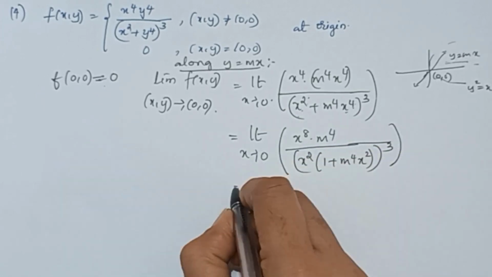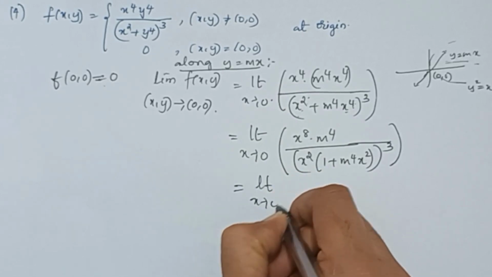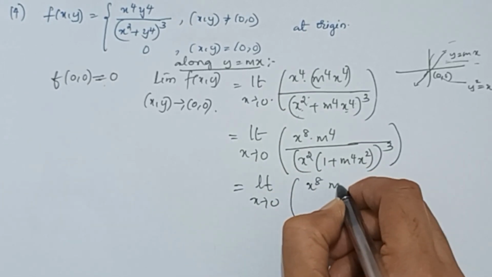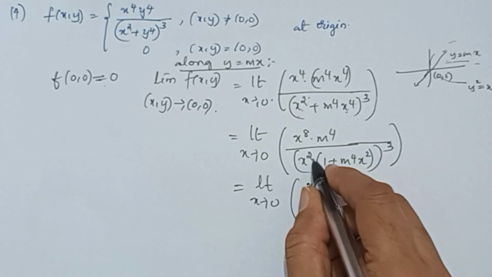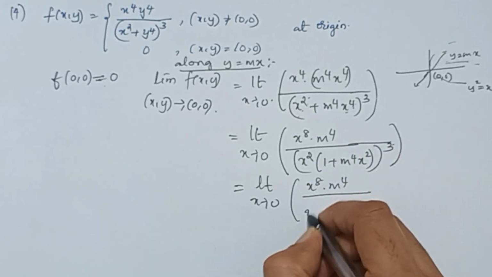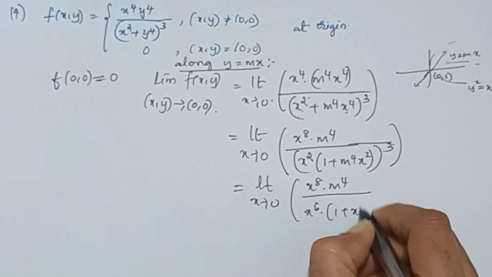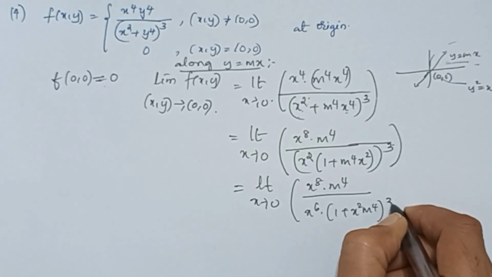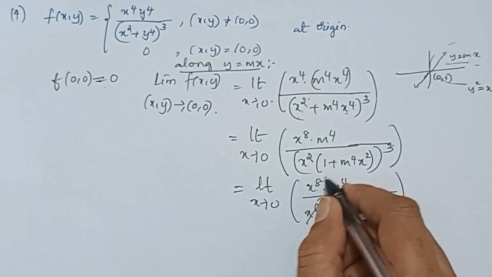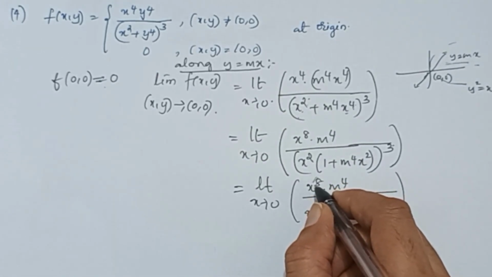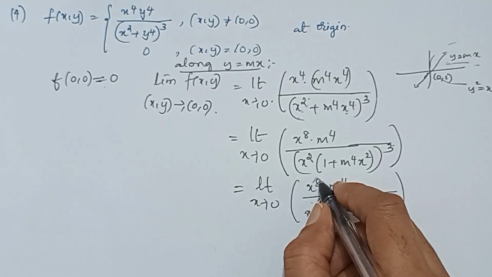So that is equal to limit x tends to 0, x power 8 into m power 4 divided by x square whole cube, that is x power 6 into 1 plus x square m power 4 whole cube. Now x power 6 here cancels with that of the numerator, x square remains.